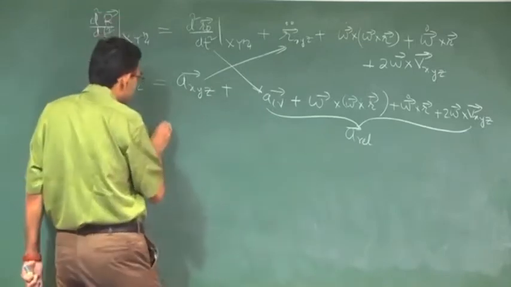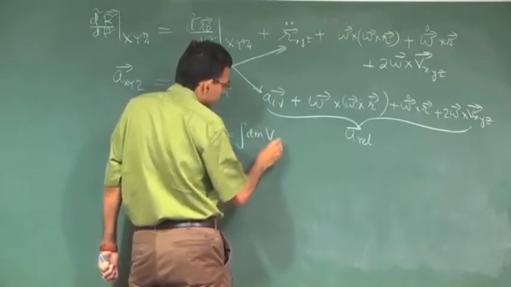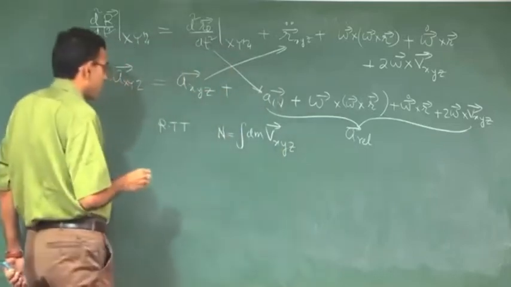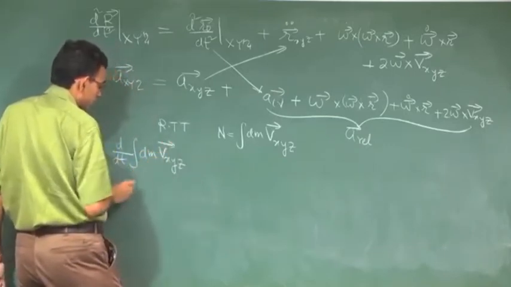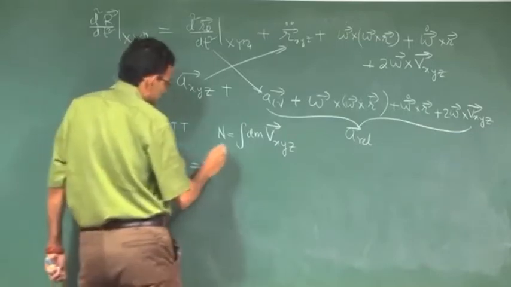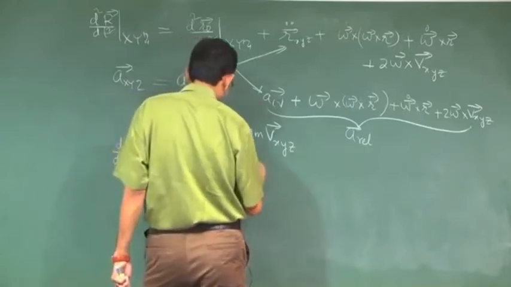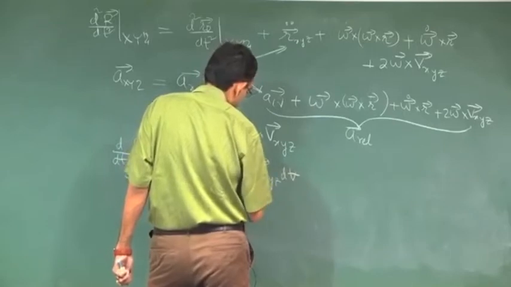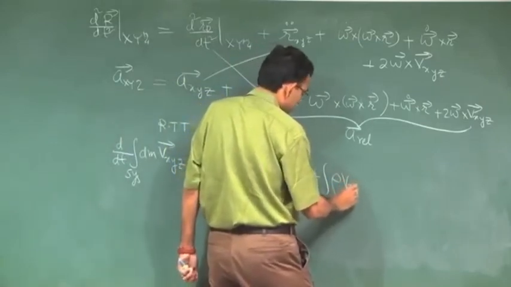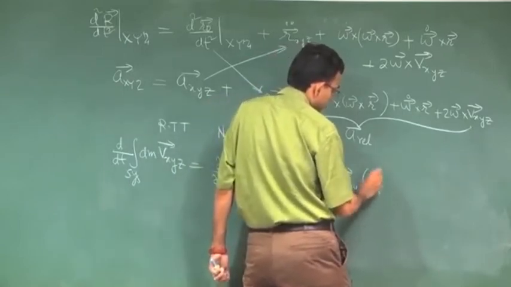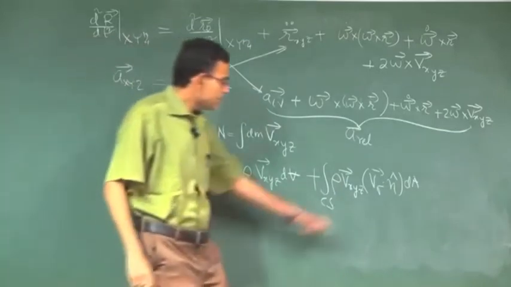So in the Reynolds transport theorem you write capital N is equal to, these two are essentially the same.